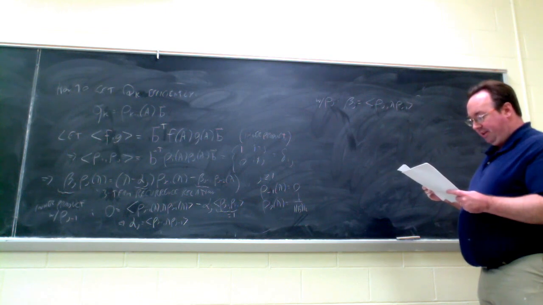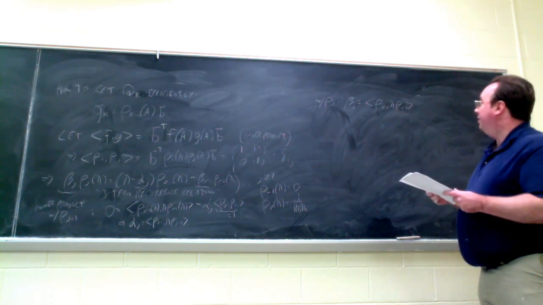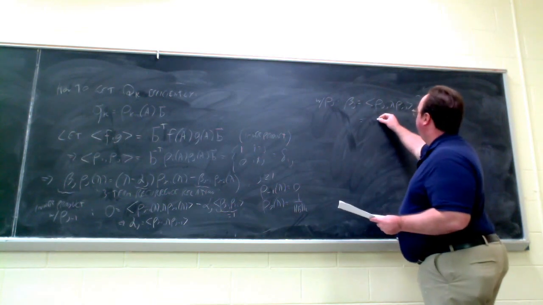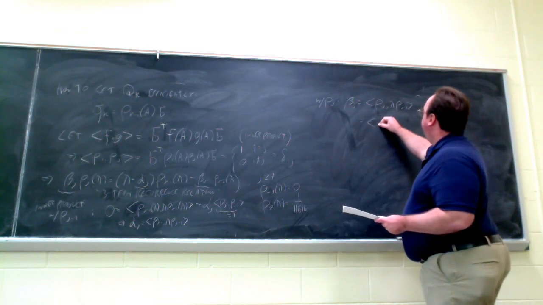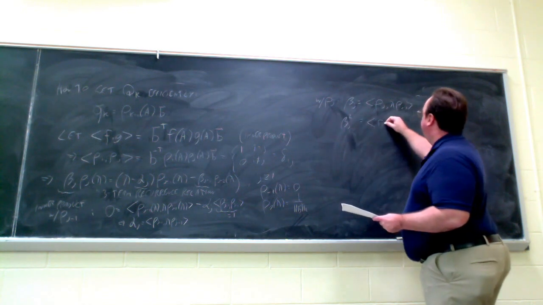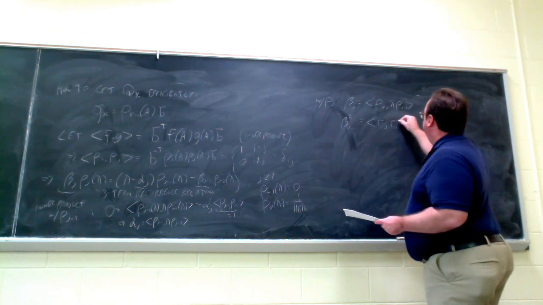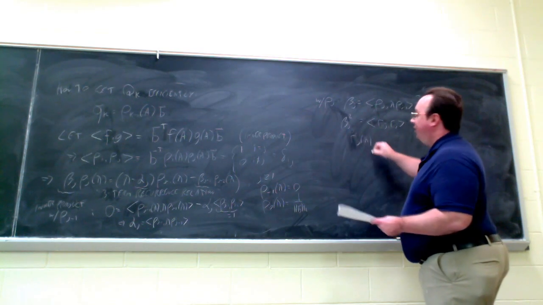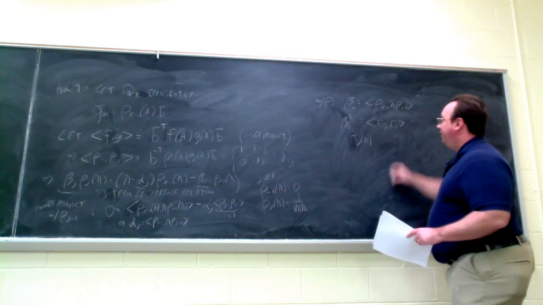Although a more efficient way, I won't go through all manipulations here, but I could find it to be the inner product of, so beta j squared is the inner product of rj with itself, where rj is just the right side of a recurrence relation.